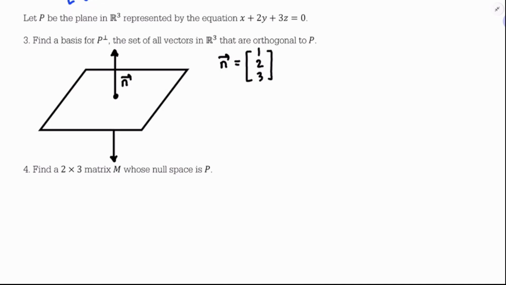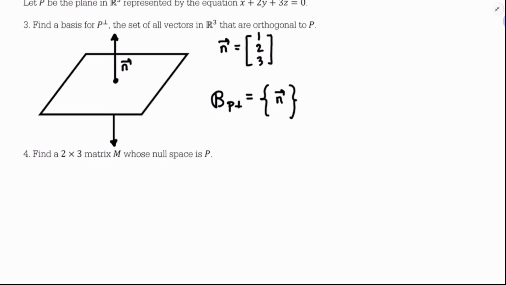All right, but vector n is equal to 1, 2, 3. Well, the orthogonal subspace is the whole line, but a basis for p perp is going to be just vector n. Okay, because it's a line, and a line only has one basis vector because it's one-dimensional.